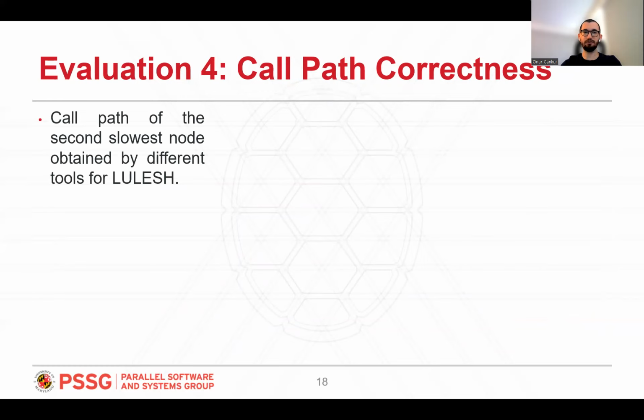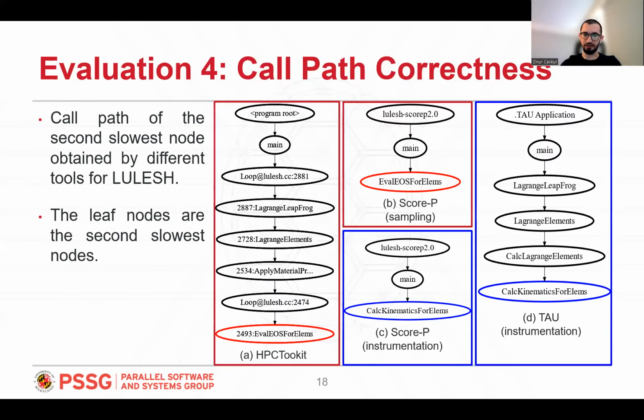And the next one is the evaluation of call path correctness. So here we will see the call path of the second slowest node obtained by different tools for Lulesh. And the reason that I'm showing the second slowest nodes is because tools usually agree on the slowest node, but they do not agree on the second slowest node. And this is more interesting. And here, the leaf nodes are the second slowest nodes, and we see their call paths for different tools.